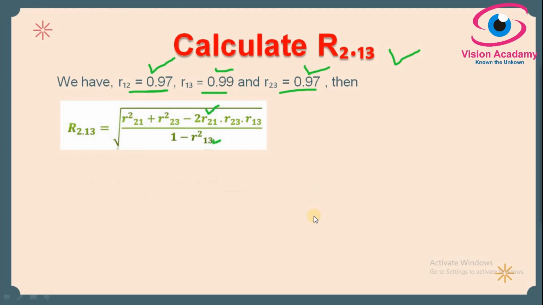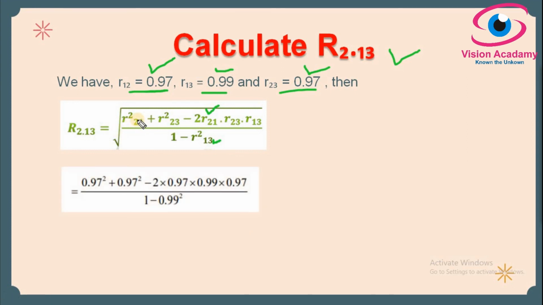The next step: R21 and R12 are both the same, 0.97 square plus R23 0.97, so 0.97 into 0.97 plus 0.97 into 0.97, 2 remains the same, and R12 I told you is 0.97, into R23 which is 0.97, and R13 is 0.99.